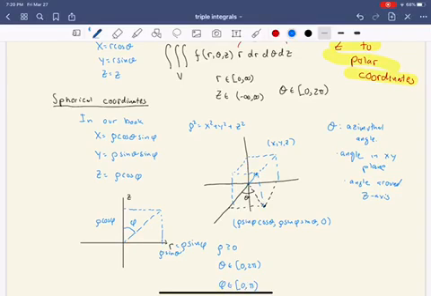Okay, so I want you to notice that here you have rho sine phi, rho sine phi. So this thing here, that line there, is that same rho sine phi. And rho sine phi has a cosine component and a sine component, the x component and the y component. Okay, that's this point here.